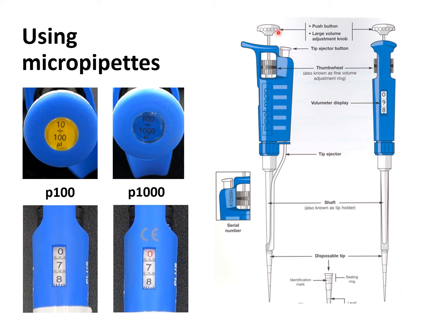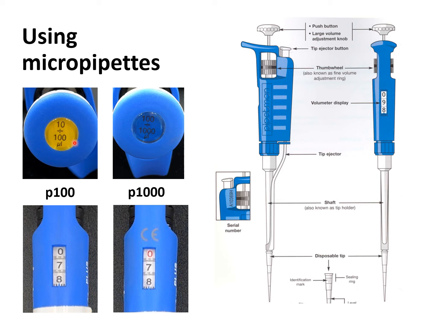Now let's talk about how I can read what's displayed right here on my window. As I said, we're going to discuss the P100 and the P1000. 100 is the maximum fluid that this micropipette can measure.